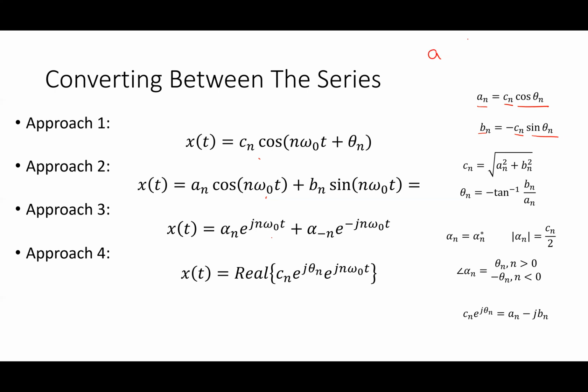So if I told you C_n e to the j theta_n, and I used Euler's identity to write that in polar form, what would that look like? C times e to the j theta. What's that turn into if I use Euler's identity to write that in rectangular form?